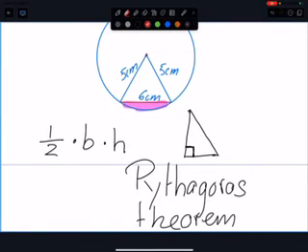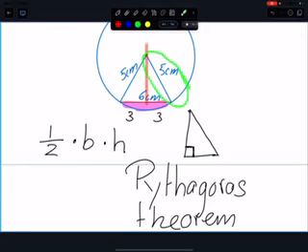So if you take a line and cut it exactly through the middle, you would have 3 on one side and 3 on the other side. How would I know that? This is an isosceles triangle. That's how I know it. How do I know it's an isosceles triangle? Both lengths are the same.